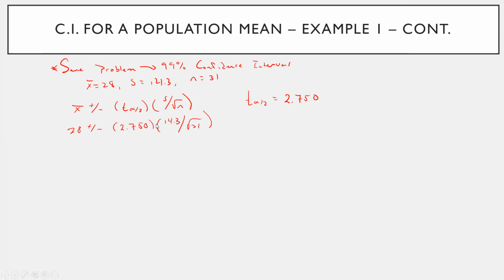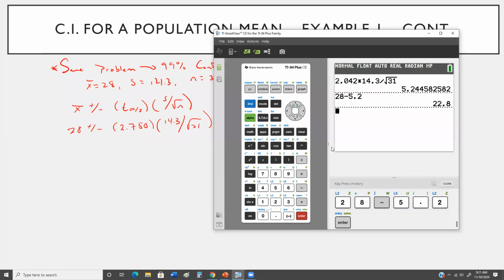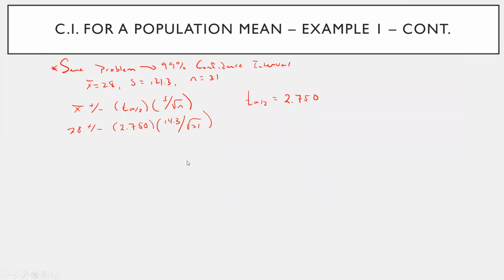So you're going to do your margin of error first. 2.750 times 14.3 divided by the square root of 31. And you get 7. I'm just going to do 7.01 here. I'll round it. Or 7.1, excuse me.